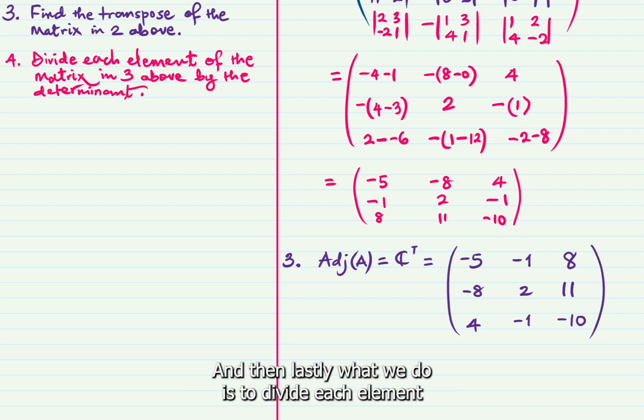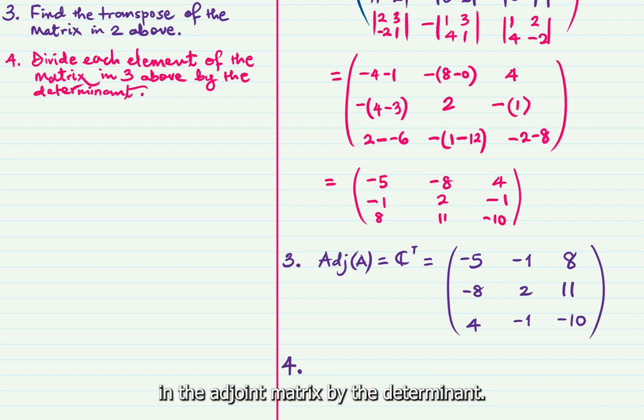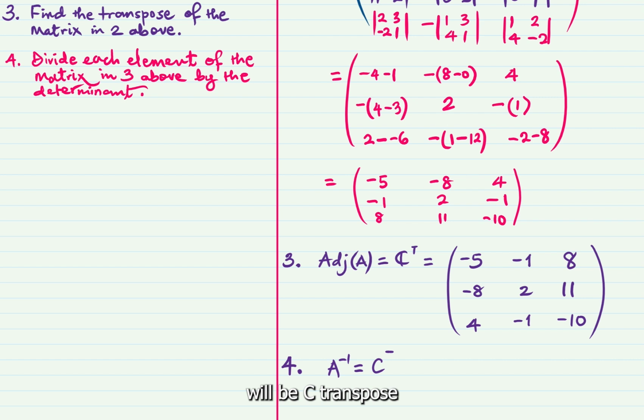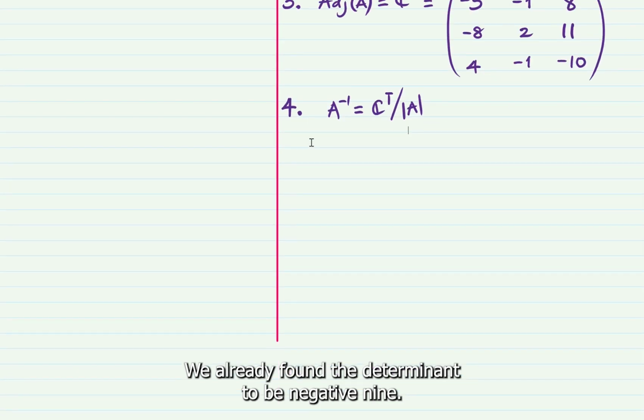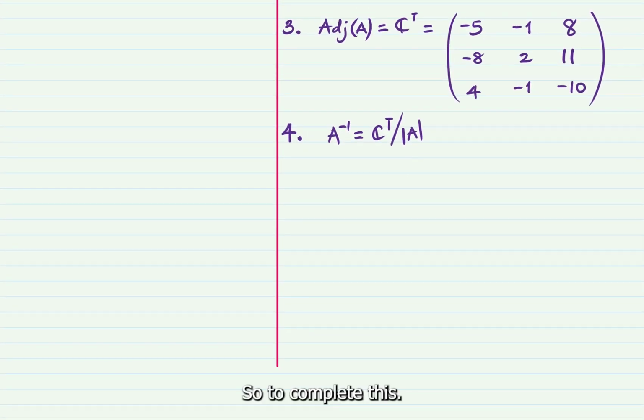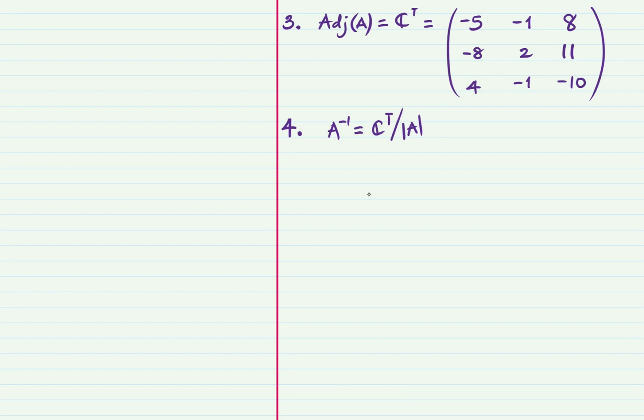And then lastly, what we do is to divide each element in the adjoint matrix by the determinant. So A inverse will be C transpose divided by the determinant. Okay, we already found the determinant to be negative 9. So to complete this, we simply divide each of the elements by minus 9.